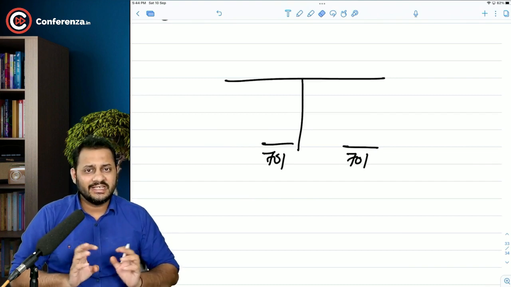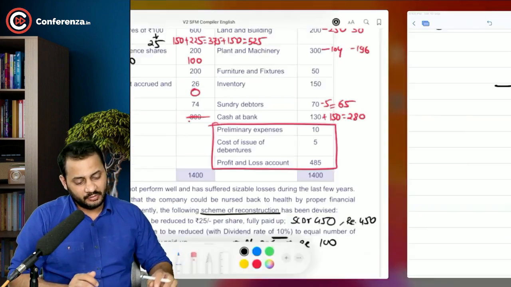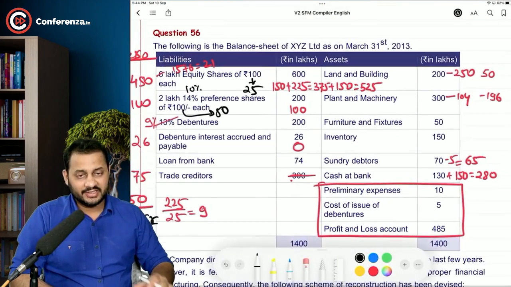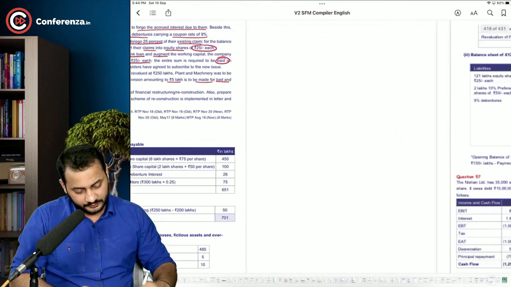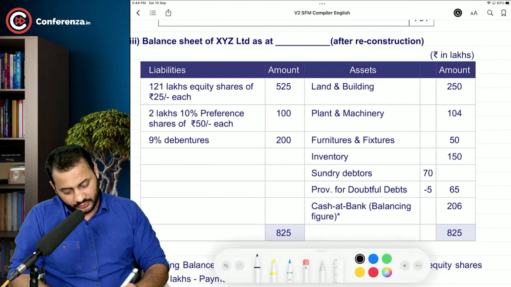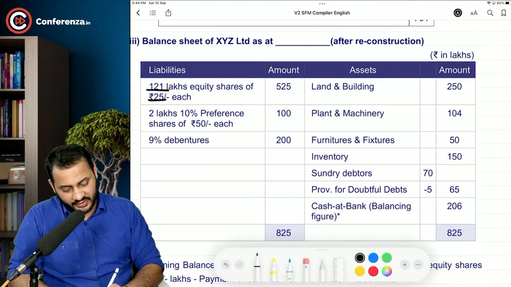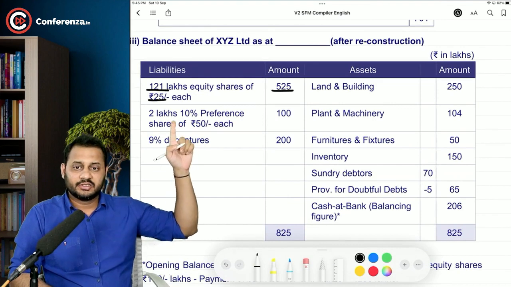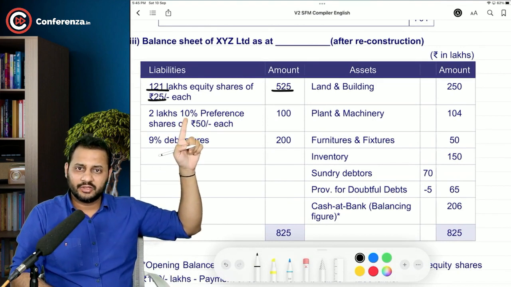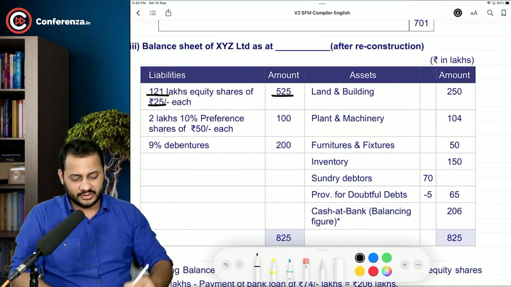So you will not see any new account in the balance sheet now, but the balance sheet will be revised with all these figures. Let's compare the balance sheet now. See, do you realize 121 lakh shares of 25 each worth 525? The preference shares have reduced from 14% to 10% of 50 each to 100 lakhs.